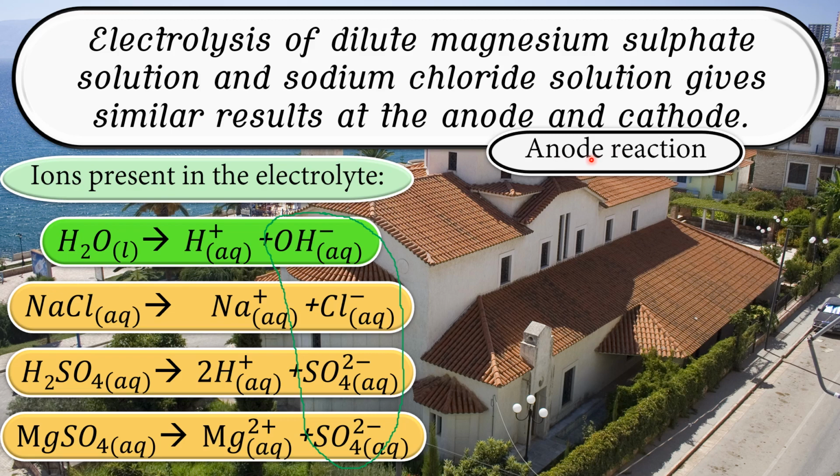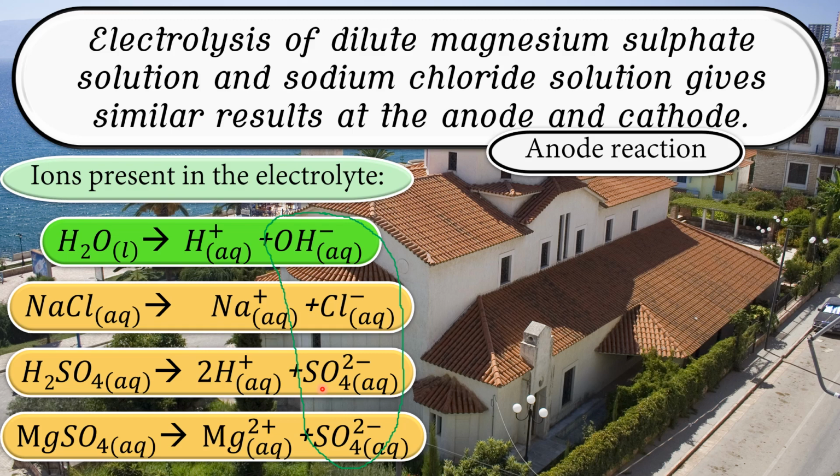Now, which ions have gone to the anode? We have the hydroxide ions, the chloride ions, and then the sulphate ions. So which ones are going to be discharged? There we go back to the electrochemical series.